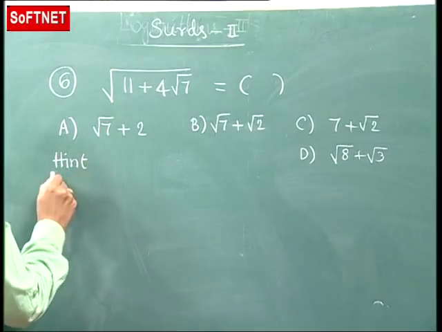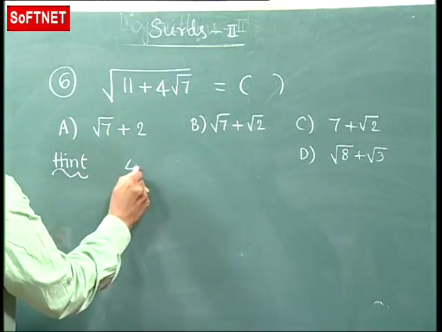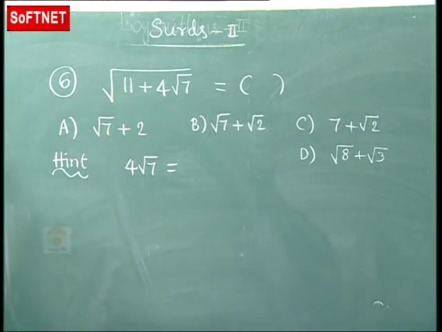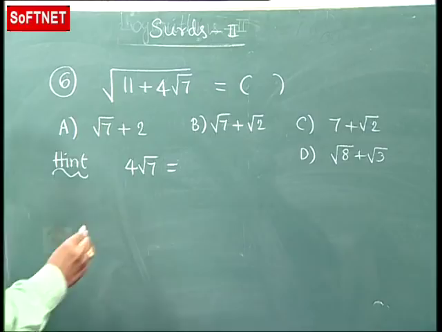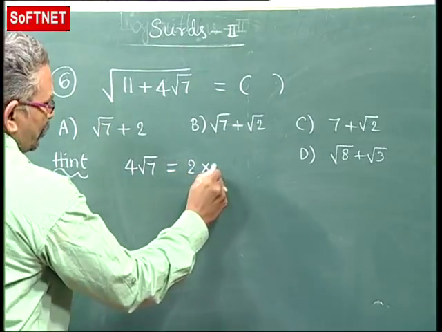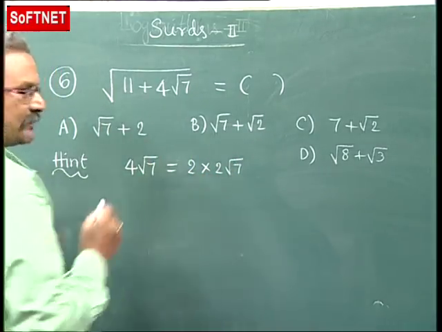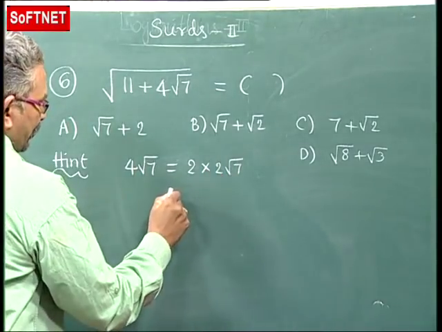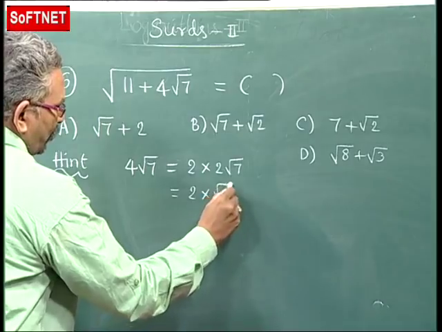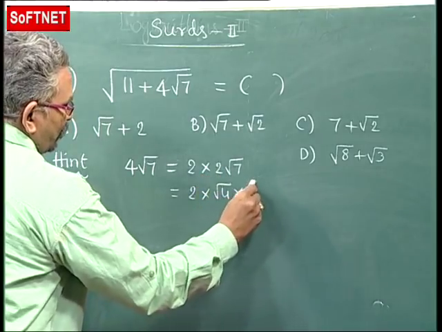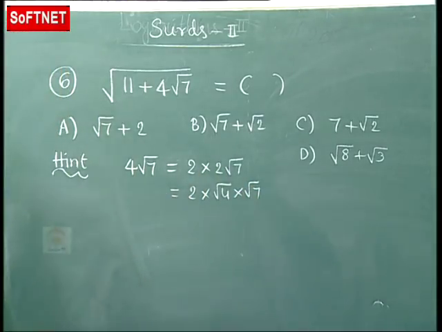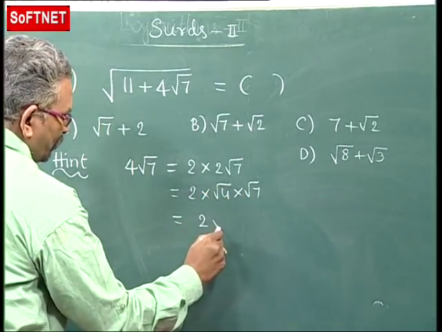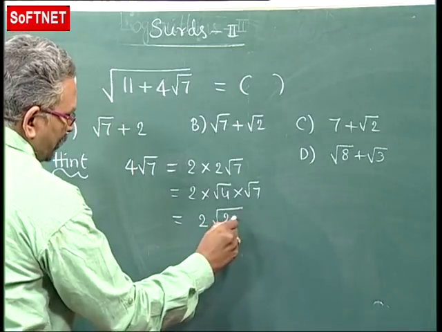First let us change this 4 root 7. This 4 root 7 means 2 into 2 root 7. Can I write like this? Again, this 2 root 7 we can write as 2 into root 4 into root 7. Now, root 4 into root 7 is root of 4 into 7, 28.